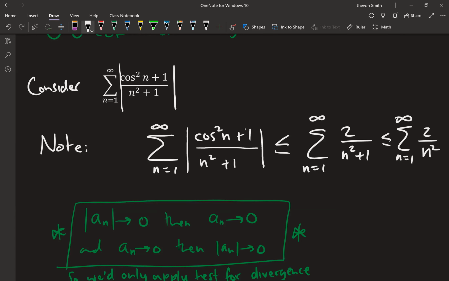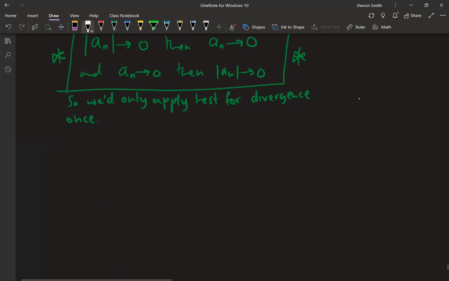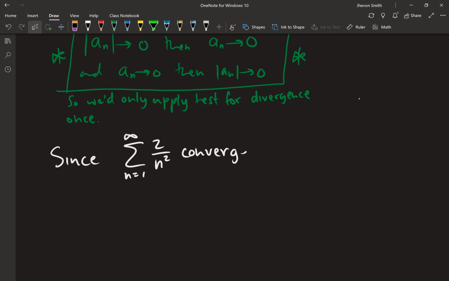Now, of course, because they're absolute values here, that's greater than or equal to 0 automatically, which means we can use the direct comparison theorem. Since the series of 2 over n squared converges, how do we know it converges?